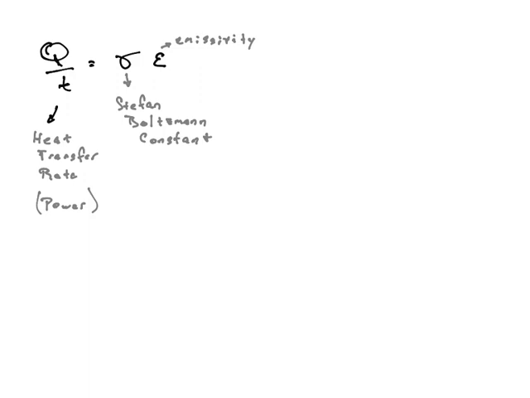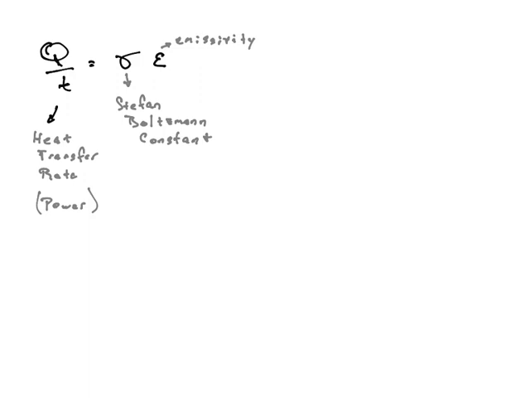Or if it emits at 75%, then it would be 0.75. Given a question, you would be told, you have a solid sphere that emits at 33%, blah, blah, blah. Then you'd know emissivity, this epsilon number, is 0.33. It's a decimal where 1 is 100%, 0 is 0%.